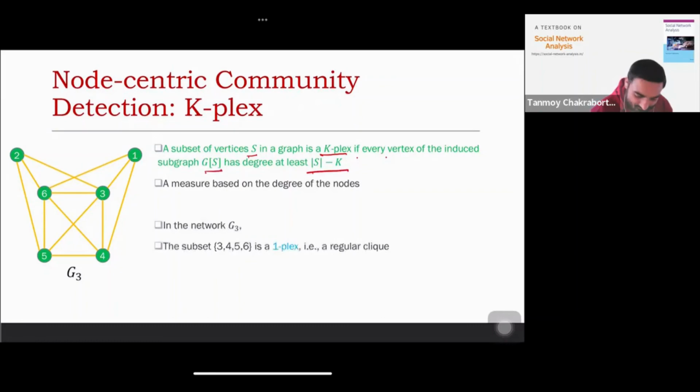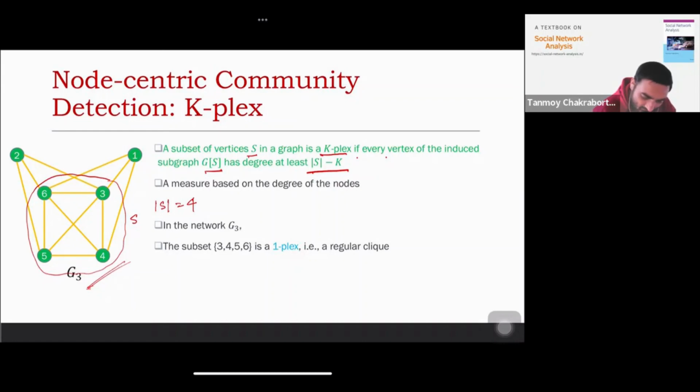Let me elaborate. Let's assume that this is a network, and let's focus on 3, 4, 5, 6, this part. This is the set S. What is the size? Size is 4. And let's look at the degree of each node.